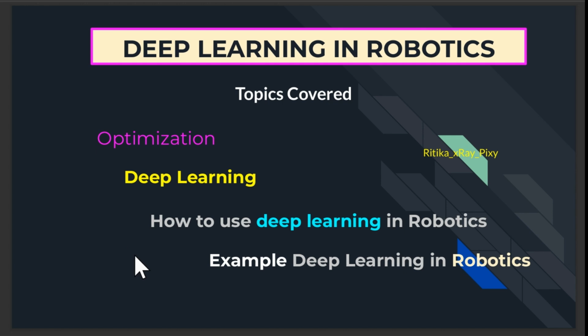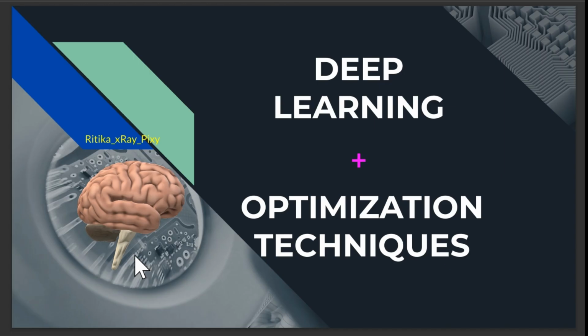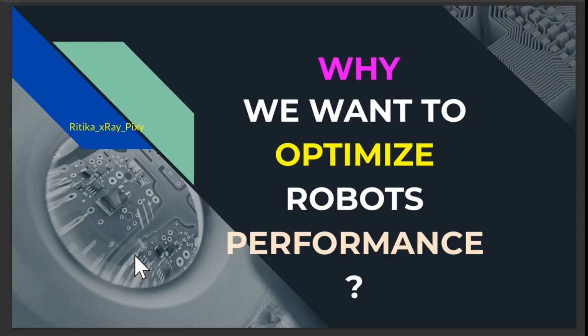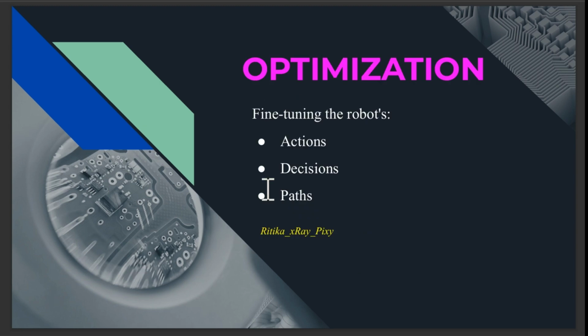To build smart robots, we are using here deep learning and optimization techniques. So first question is why we want to optimize robots' performance. Here optimization is about fine-tuning the robot's actions, decisions, and paths to make it work faster, more efficiently, and with fewer errors.